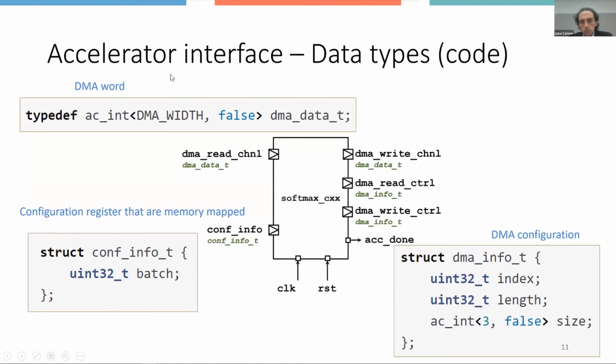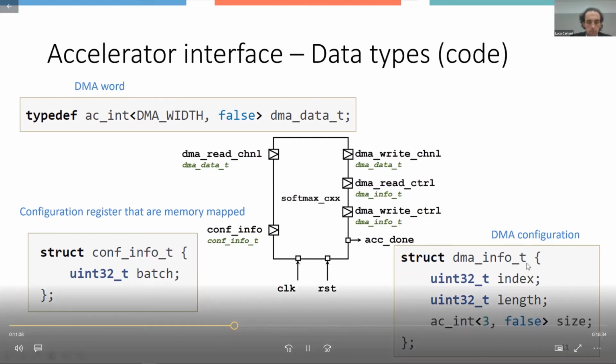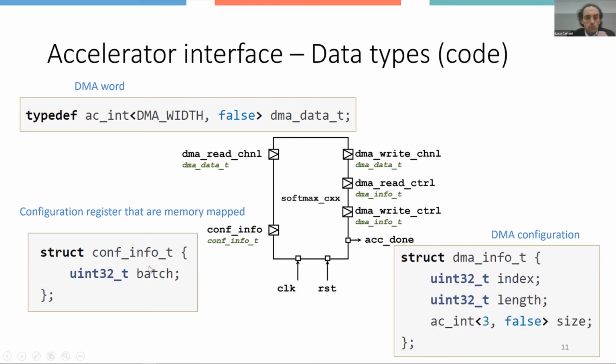specify some user-defined data types, and in particular we have a data type for the configuration registers that are memory-mapped. In the case of softmax, we have only one register, the size of a batch. Then we have a data type to specify the DMA configuration, while the configuration of a memory-mapped register can be defined by the user. Usually the DMA configuration cannot be defined by the user, it is common to all of the ESP accelerators.